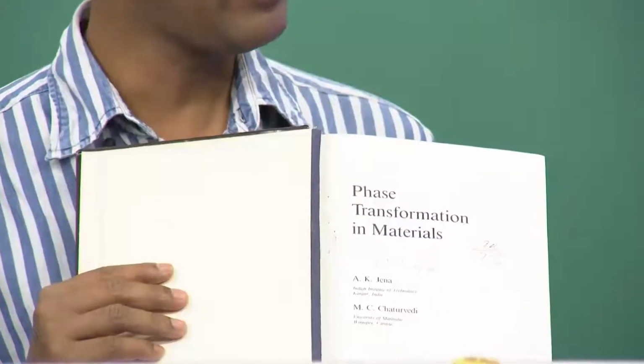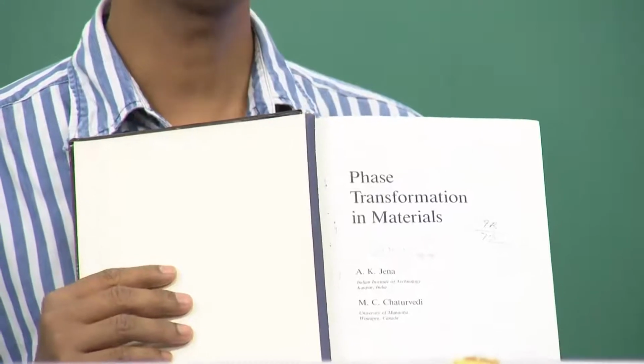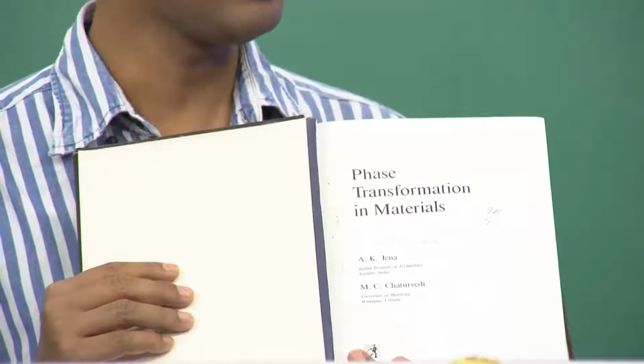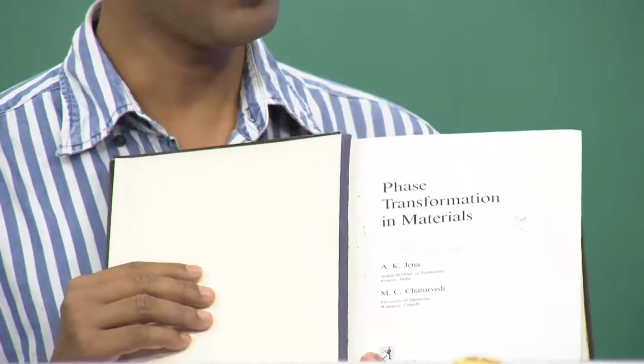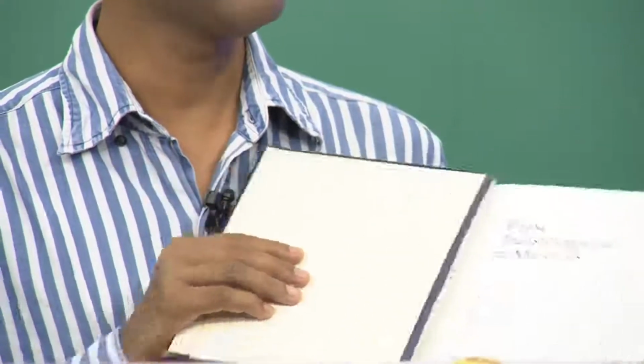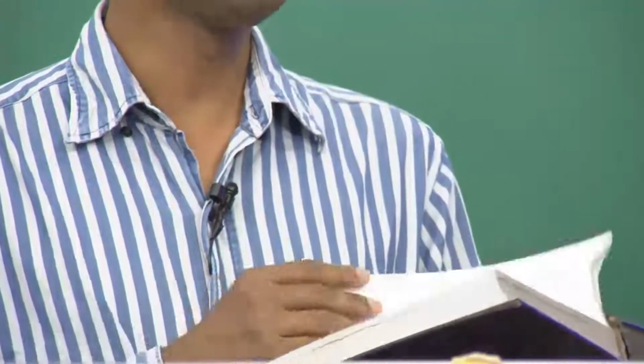The other book is written by two of my past colleagues, although I have never met them, but they were at IIT Kanpur. This book is Phase Transformations in Materials, by Professor A. K. Jena and Professor M. C. Chaturvedi. Both were at IIT Kanpur. These two books will be your basic textbooks for the course, and any of these books will be good for you.